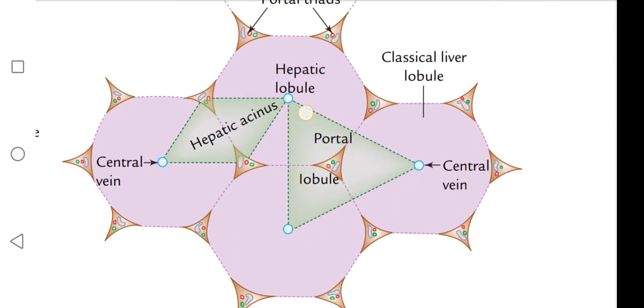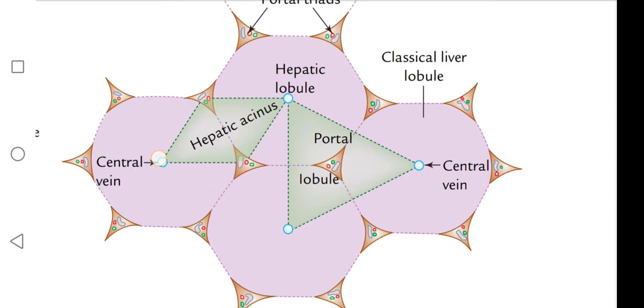This is the portal lobule, which is formed by three adjacent central veins. And this light pinkish area we call the hepatic lobule.